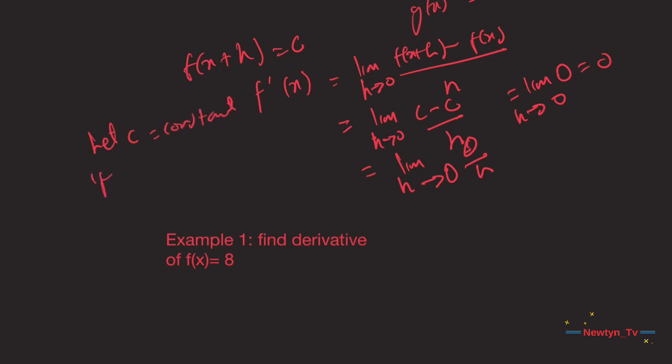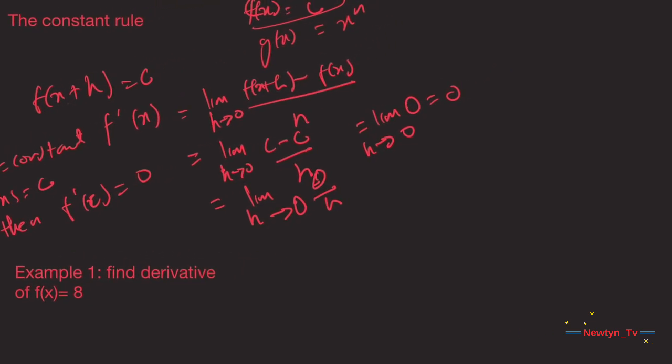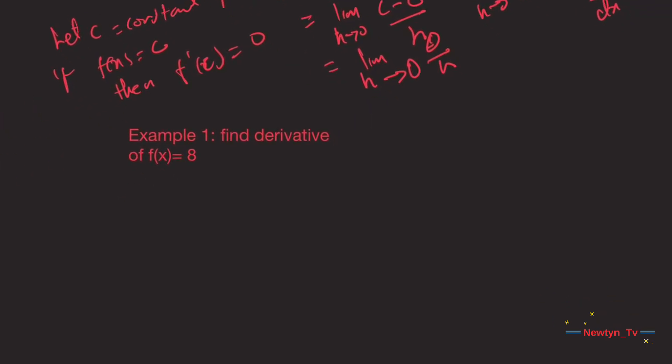So if f of x is equal to c, then the derivative, f prime of x, will be equal to 0. We can also have another alternative, which is d on dx of c will be equal to 0. That's another alternative way.